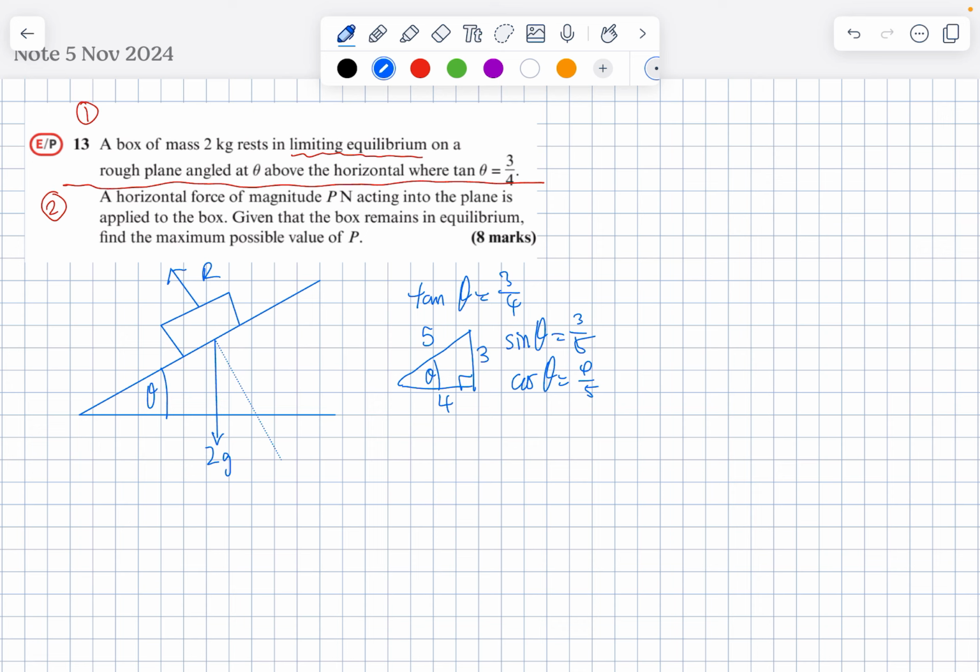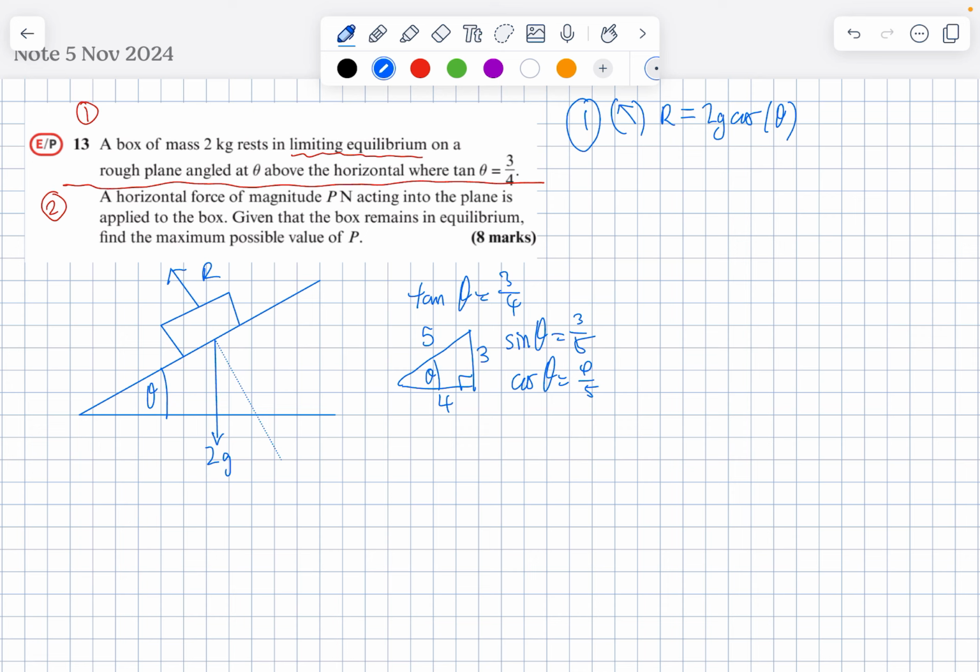Okay, so for number 1. So remember, there is no force P. So it's a rough plane. So first thing, we'll go vertically. So R is going up, and the only other force in the vertical plane is the weight, which is 2G cos of theta. Okay, so that's that.